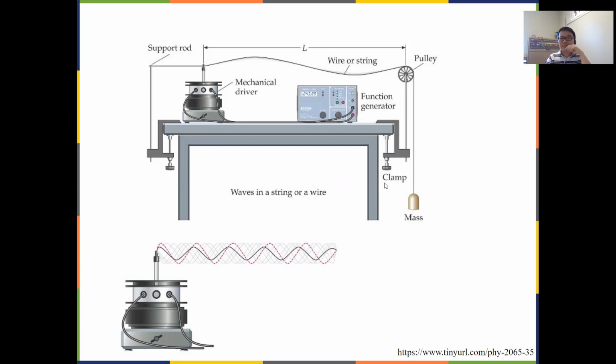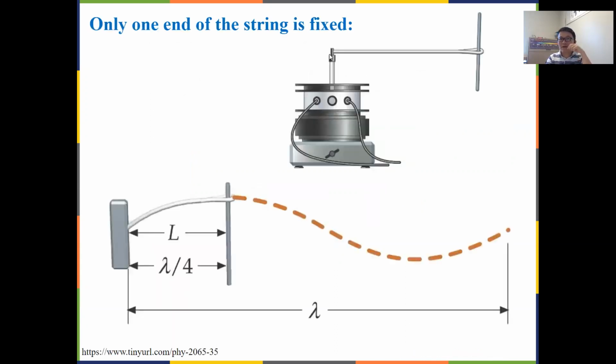Now, what happens if you have just one end fixed at the vibrator and the other end actually free to move? Once you generate a wave here, because this end is free to move, it will vibrate at maximum. So you'll get an anti-node there, but you'll have a node at the end of the string that is fixed.